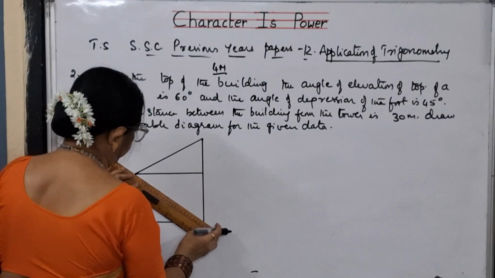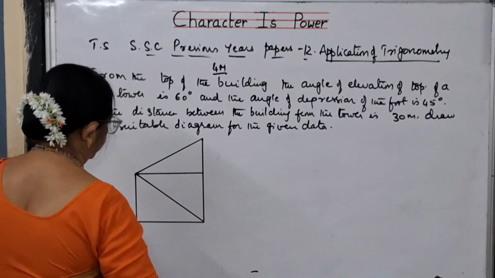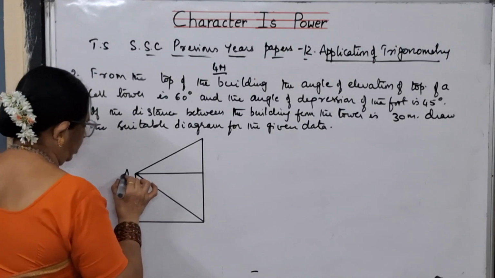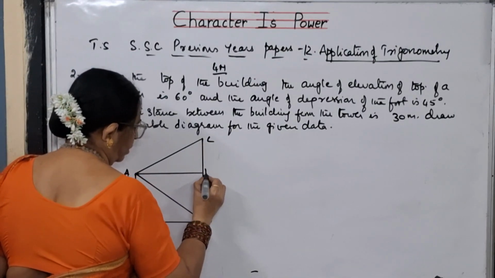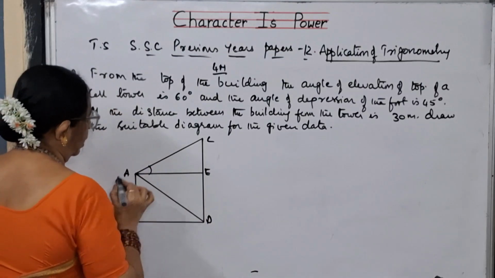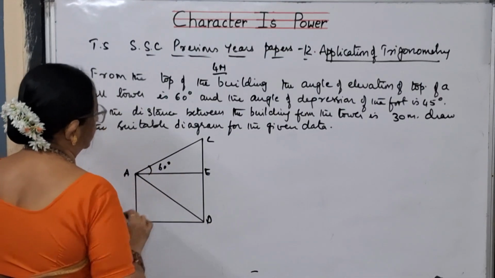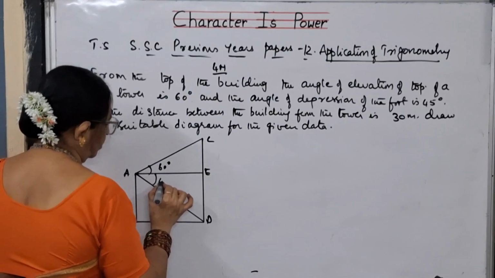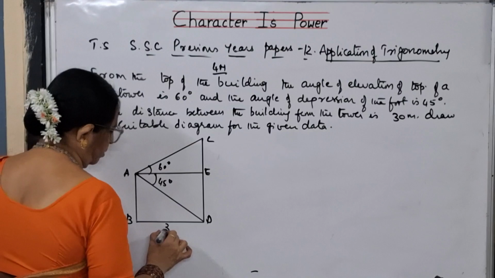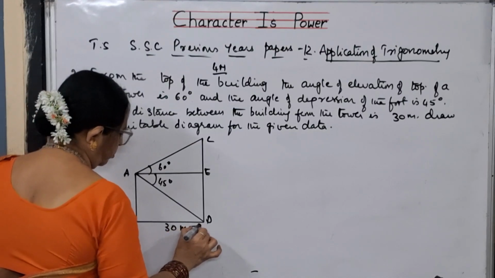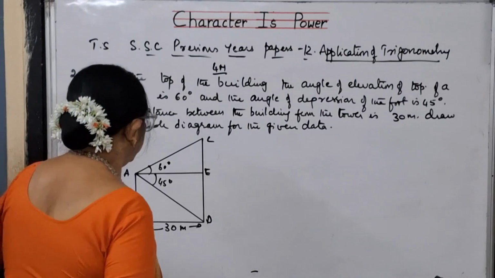So angle of depression you will draw like this. AB is the building height, CD is the tower height, angle of elevation is 60 degrees, angle of depression 45 degrees, and the distance is 30 meters. This is the diagram that you need to draw.